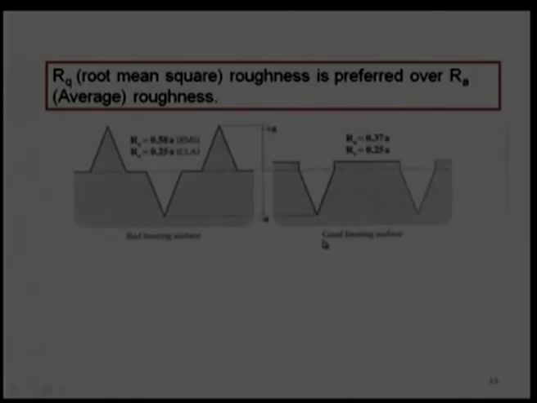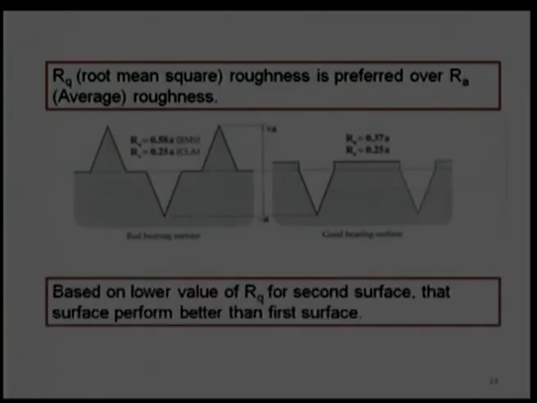I am saying that this right hand side portion is better than the left hand side portion. We are not saying that this is the best; much better values can be obtained. So, I can conclude from this diagram that, based on the lower value of RQ, the second surface, the right hand side surface, will perform better than the first surface.